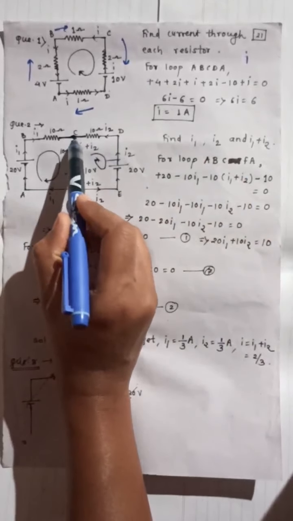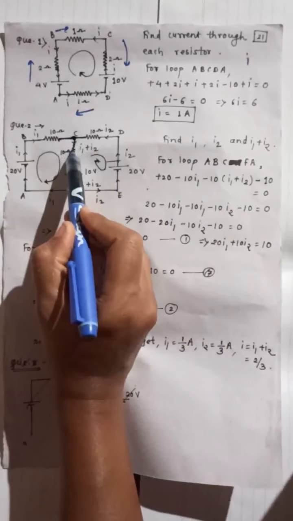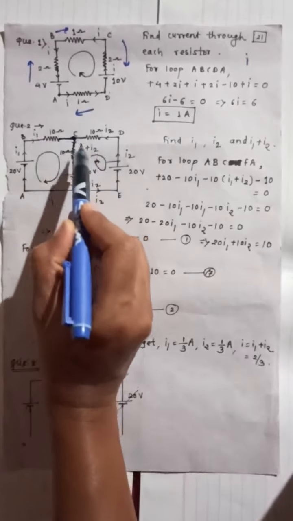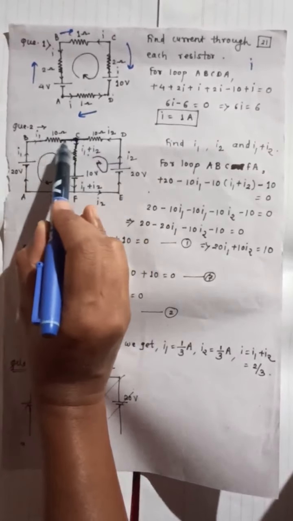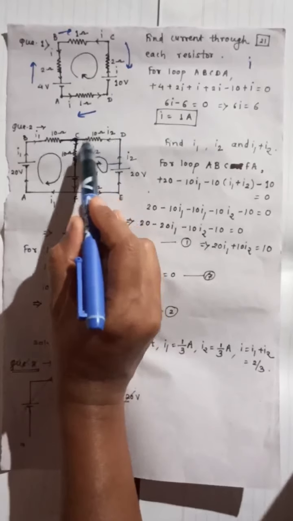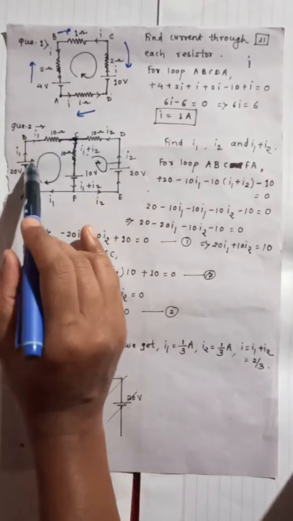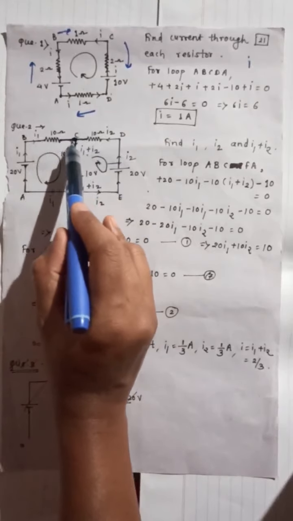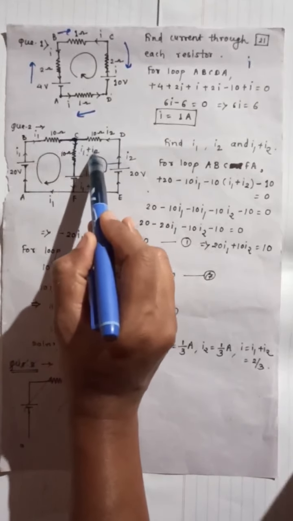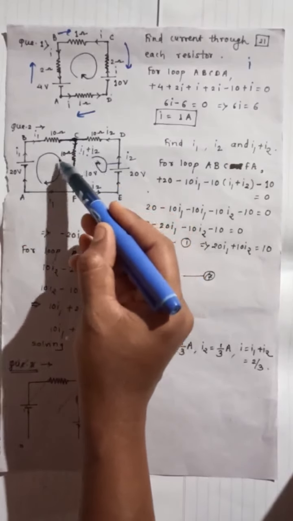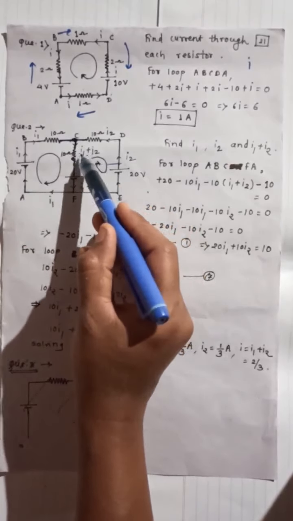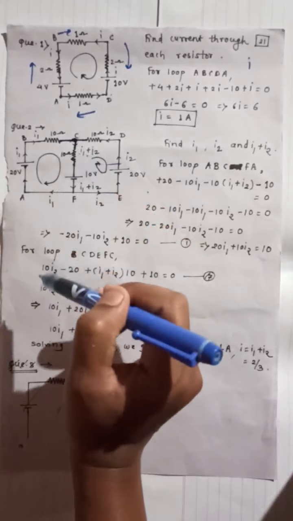So सीप मध्ये करंट पोहोचल्यानंतर खाली येताना ह्या दोघांचीही अल्जेब्राइक सम असणार आहे. I1, because this current is entering towards the junction. This current is also entering towards the junction. आणि जे करंट्स जंक्शनच्या बाजूला येतात ते करंट्स पॉझिटिव्ह असतात. सो I1 plus I2. So through this 10 ohm resistor total I1 plus I2 current is flowing.